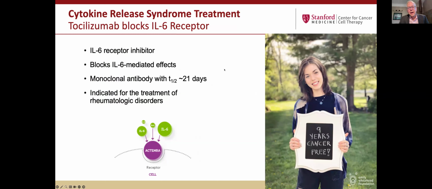Now, this is Emily. 9 years later, she's actually now a freshman at the University of Pennsylvania, 12 years out, cancer-free, and a wonderful young woman. The use of tocilizumab and other immune modulators has become part and parcel of the successful treatments of patients using cell therapies such as CAR T.